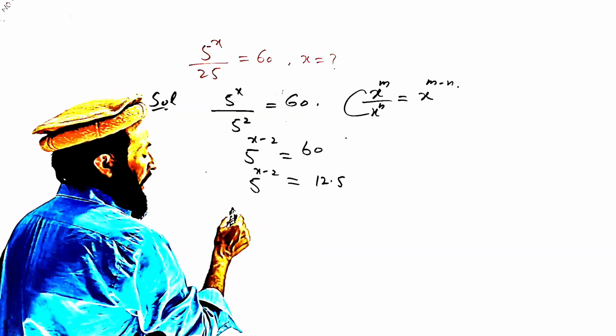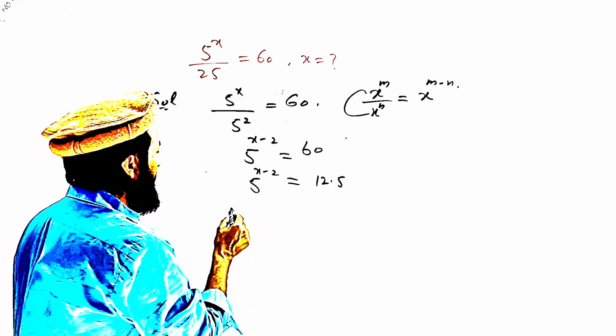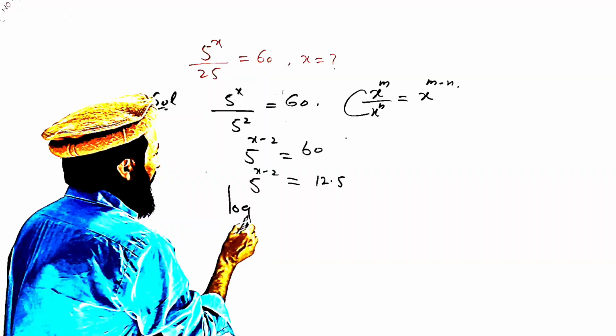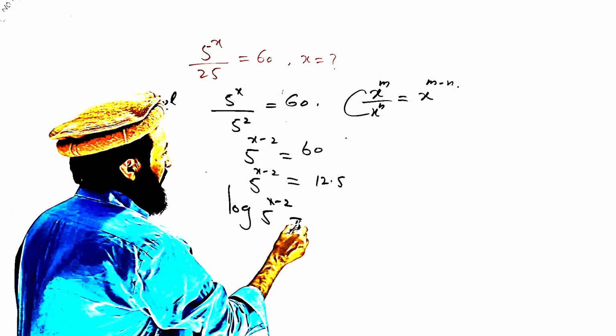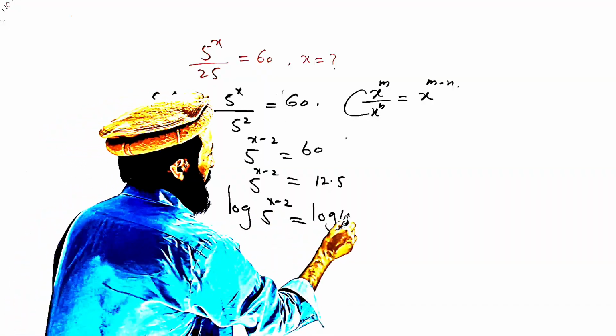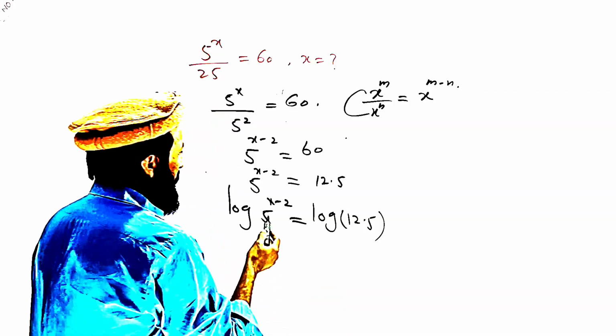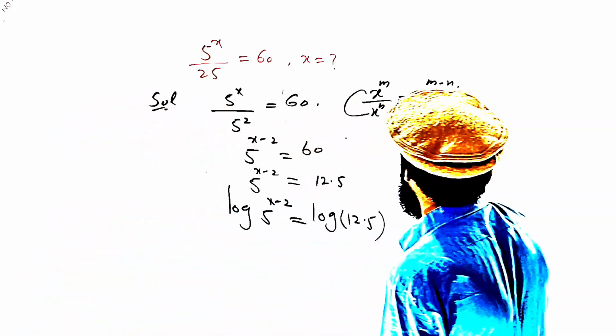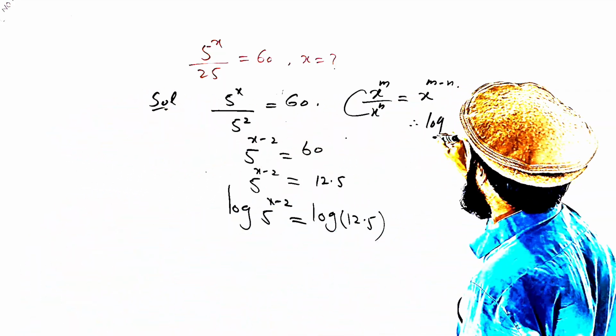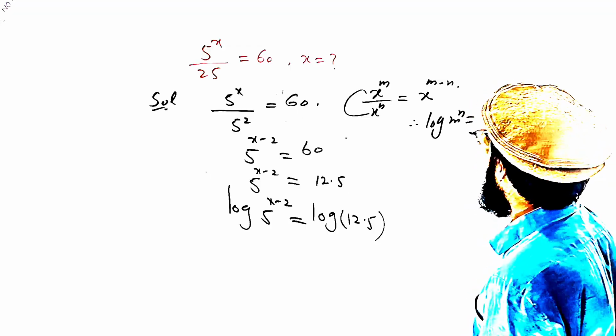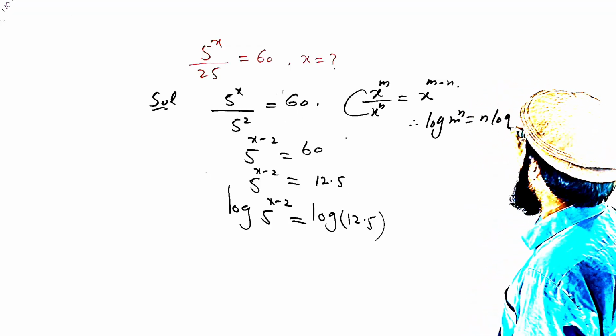So now taking log on both sides, 5 exponent of x minus 2 and log of 12 into 5. According to the rules, we have three rules: log of x exponent of n is n times log of x, and log of mn.